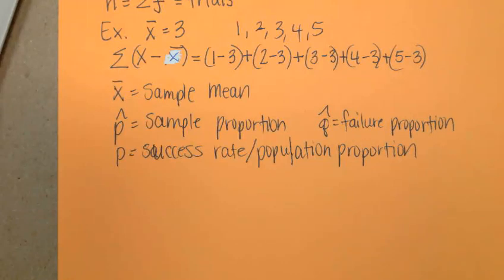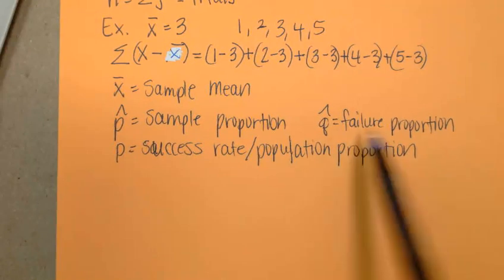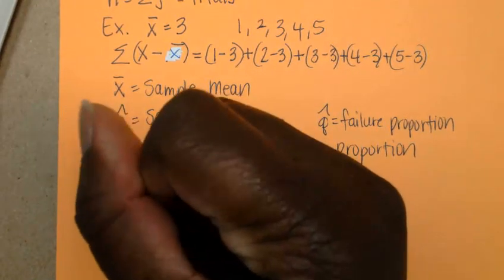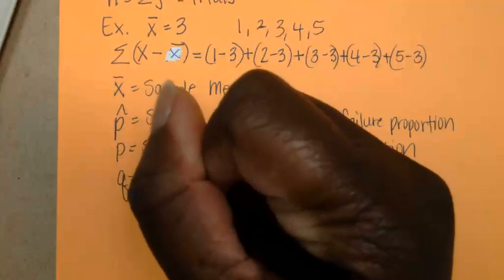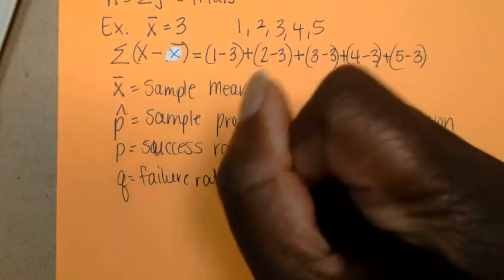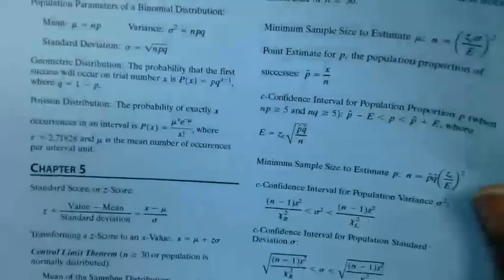If I'm looking for red M&Ms, then green M&Ms would fail. Even though green are my favorite, it would fail because it's not what we're looking for. And then Q would be your failure rate. Again, not bad, just not what we're looking for.